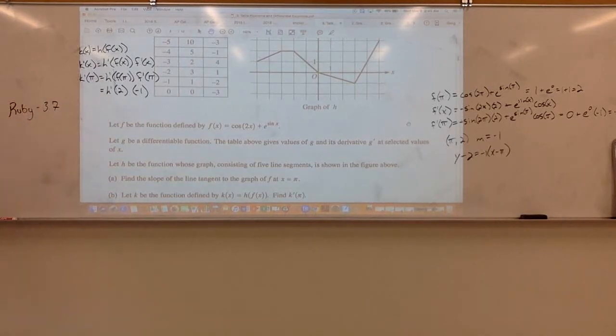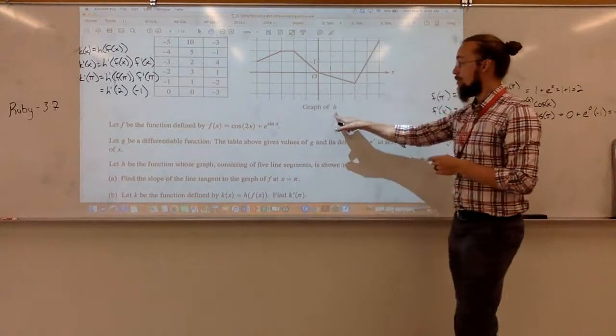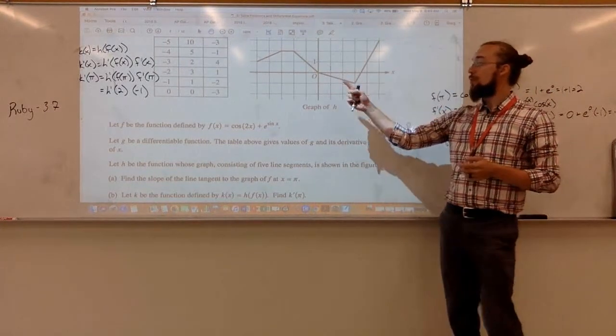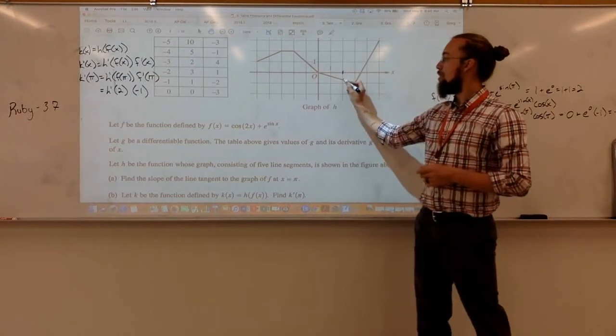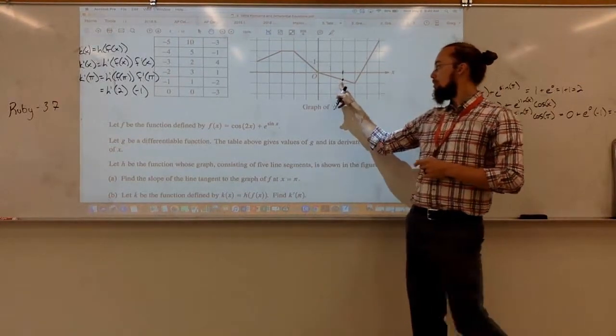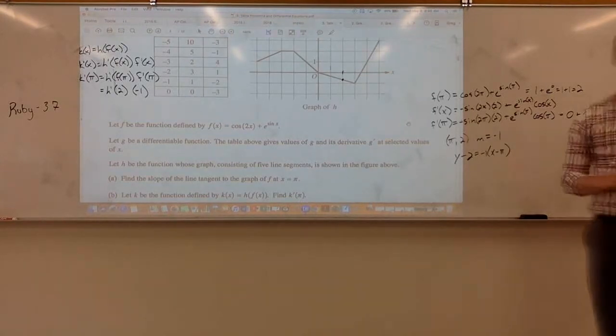Now, we need to figure out what h prime of 2 is. I'm given a graph for h, so I just want the slope of this graph at 2. So right here is where x equals 2. What's the slope at that point? Negative 1/3.